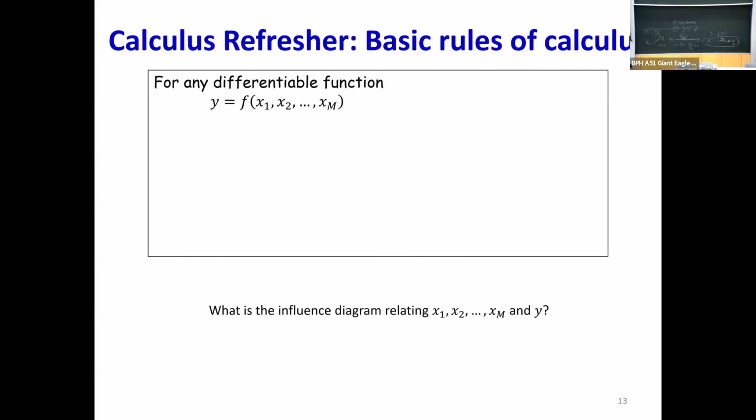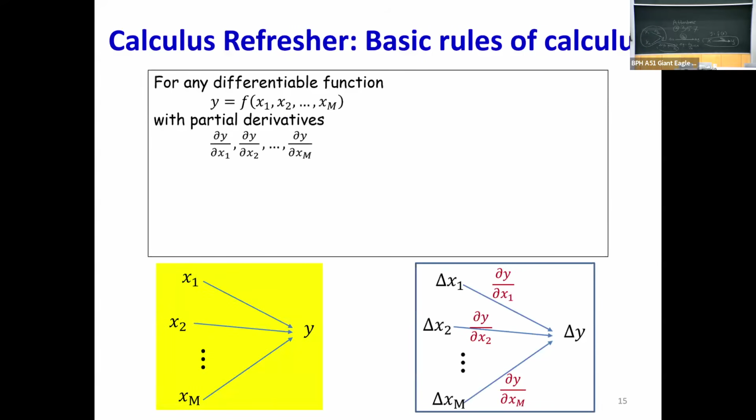So then I can say this is going to be the summation over i of delta xi times dy over dxi, written in any order. Is this making sense? This is basically this influence diagram, and we're going to use this a little bit in class. So that's what this particular influence diagram is going to look like.